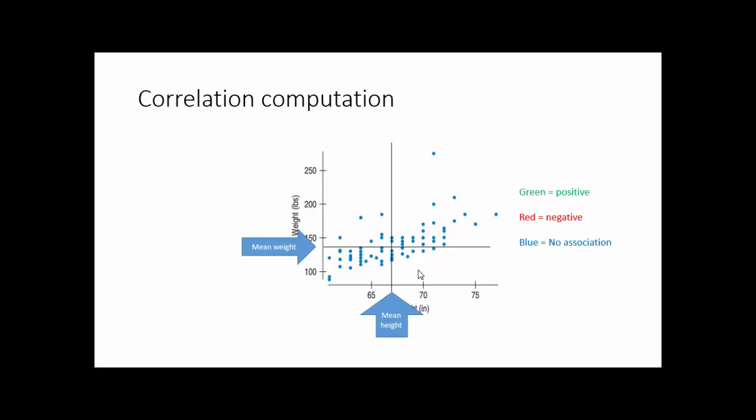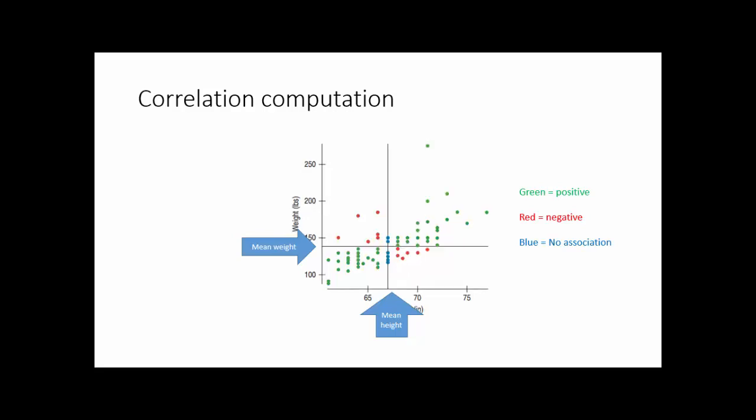So we could color code them, and notice that I've taken the points in the upper right and lower left corners and colored them green, because in some ways those conform to a positive correlation.